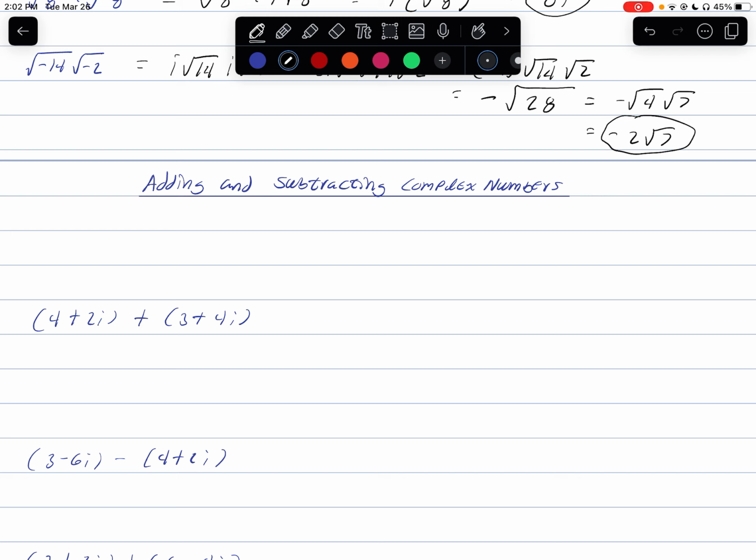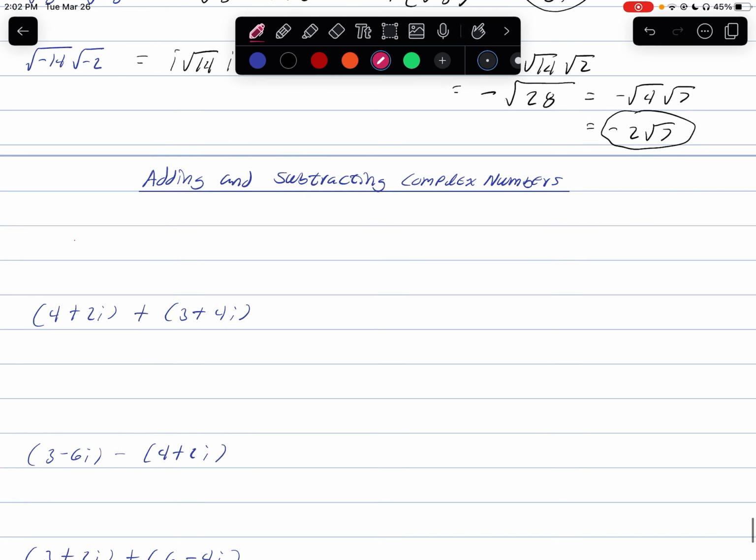Okay, so now let's go ahead and deal with adding and subtracting complex numbers. So, like I said up at the very top there, if we have a complex number of the form a plus bi, where a is the real part and b is the imaginary part, and we want to add it to another number, say c plus di, this is going to work maybe a little bit differently than you might expect.